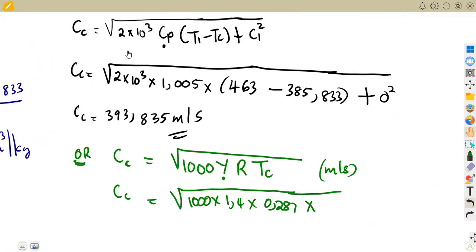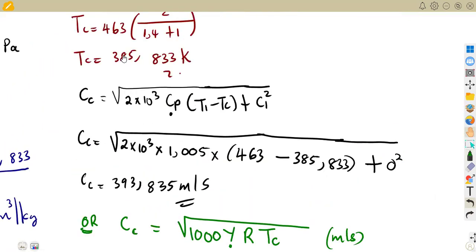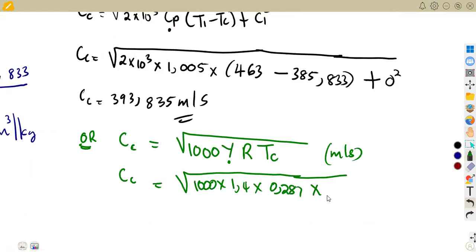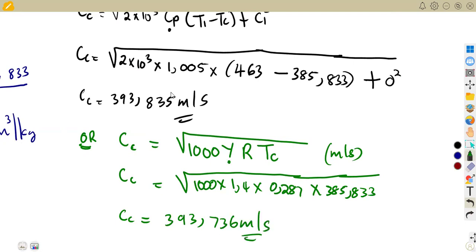Remember, our Tc at the throat is 385,833. So you multiply by this 385,833. This is the velocity that you're going to have at the throat, and that is 393,736 meters per second.